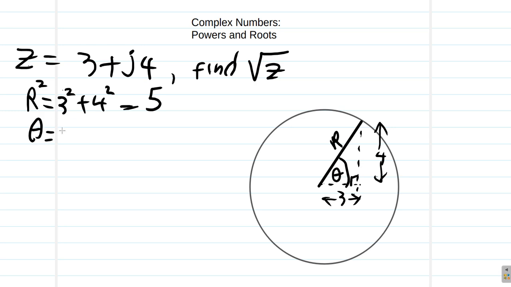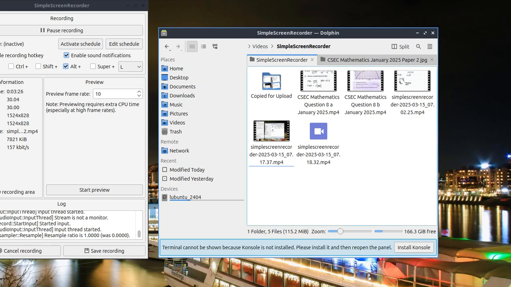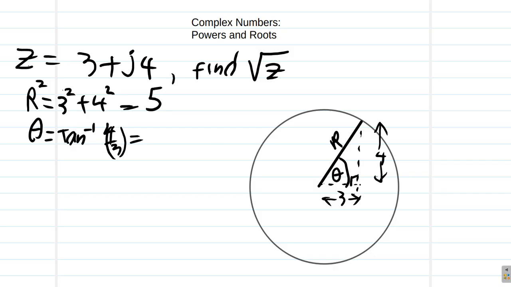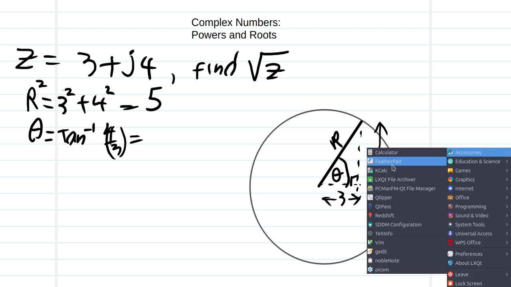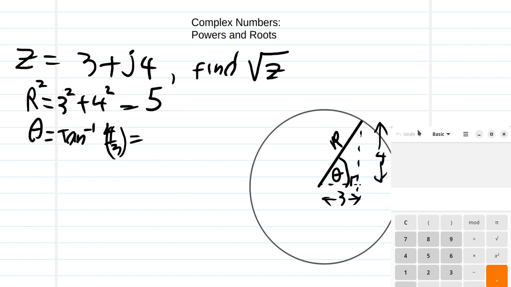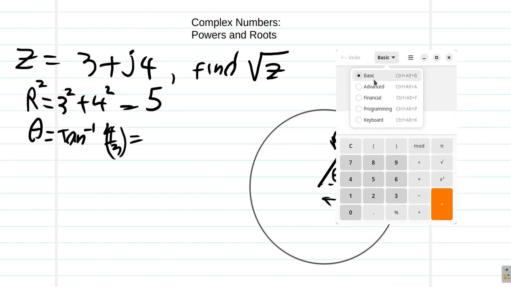Now theta is going to be tan inverse. Remember, tan theta is the opposite over the adjacent, 4 over 3. So theta is tan inverse of 4 over 3, which is, let's get our calculator and see.